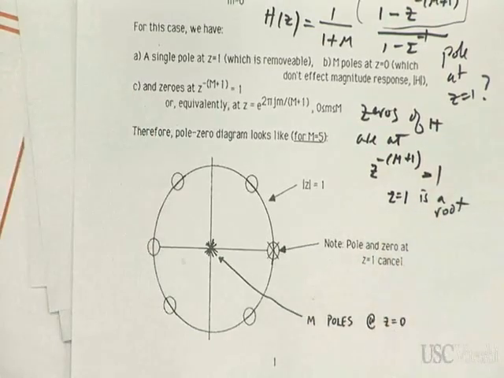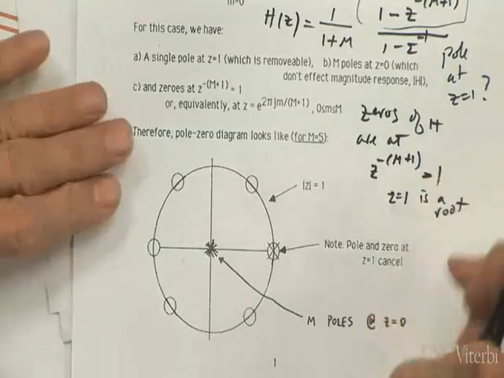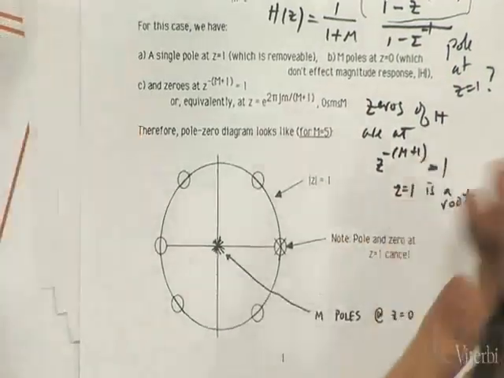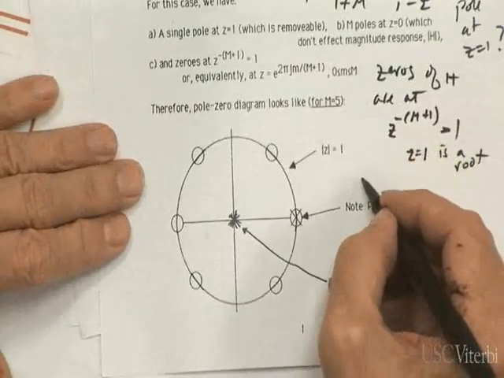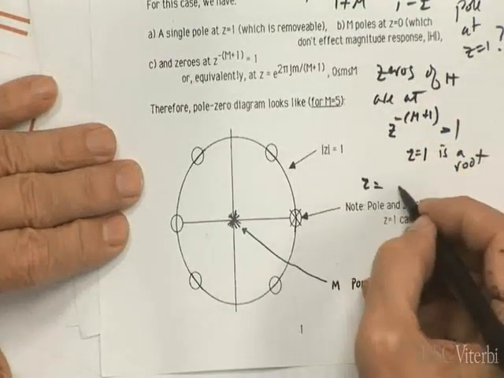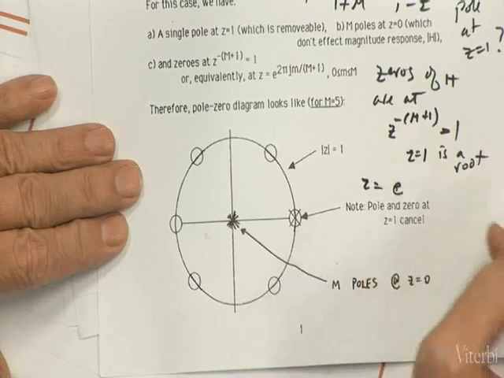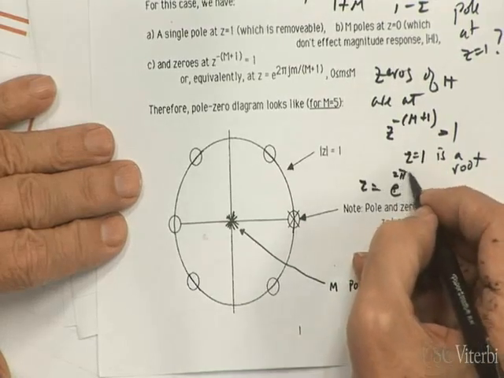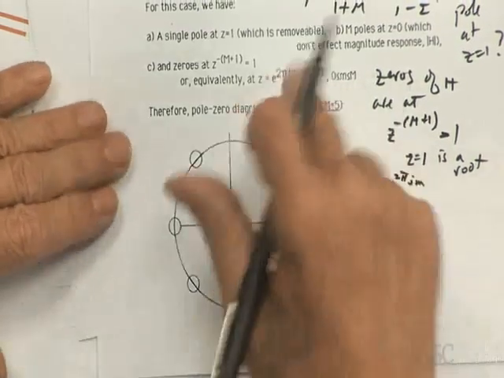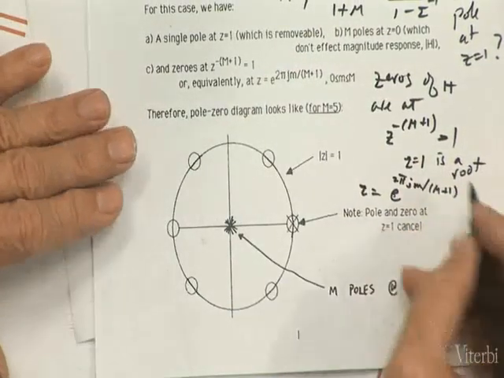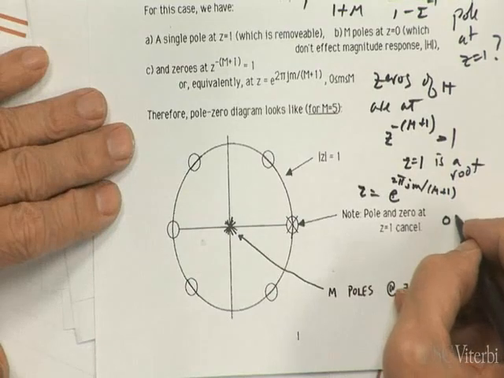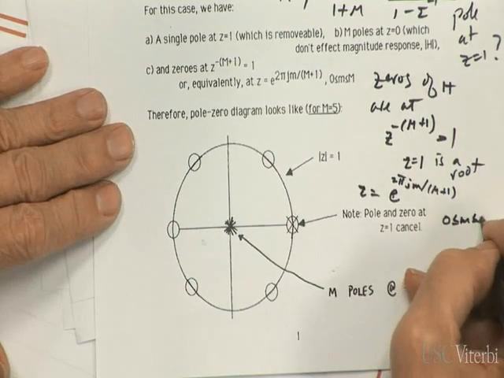What maybe isn't quite as clear is that there are more roots and they all occur around the unit circle. In fact, z equals e to the 2 pi j m over (M plus 1), for 0 less than or equal to m less than or equal to big M.